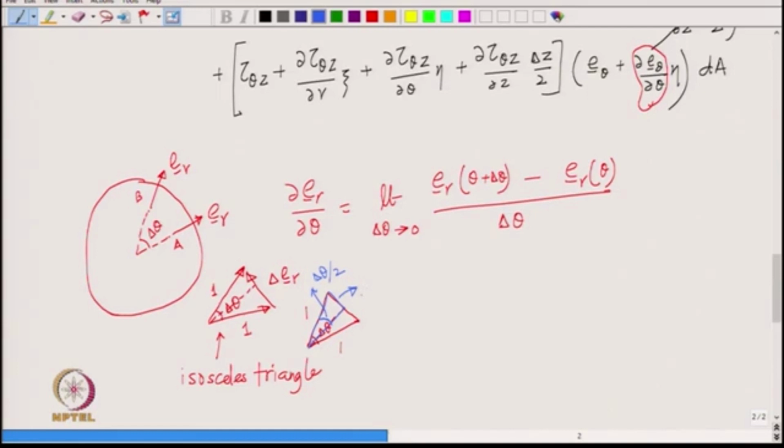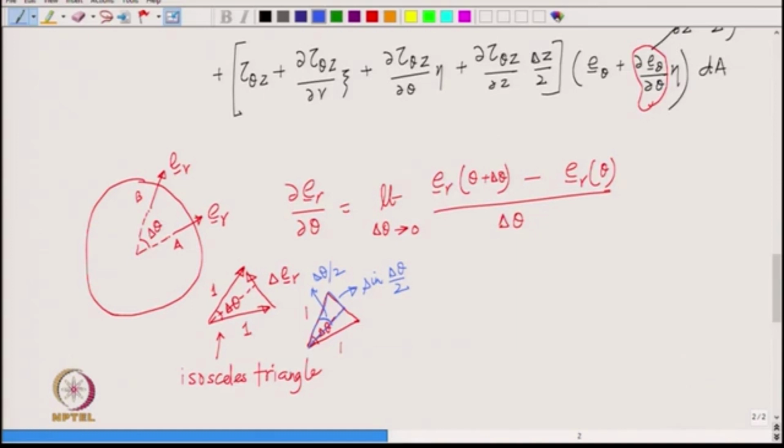So, hypotenuse is 1. So, this becomes sine of delta theta by 2, and since it is a perpendicular bisector, the total would be 2 times sine of delta theta by 2. So, that is the magnitude of delta E r vector here, 2 times sine of delta theta by 2.